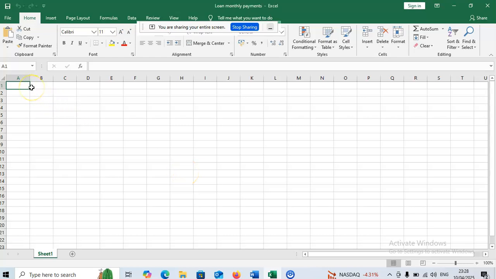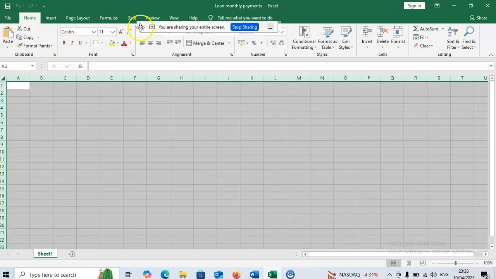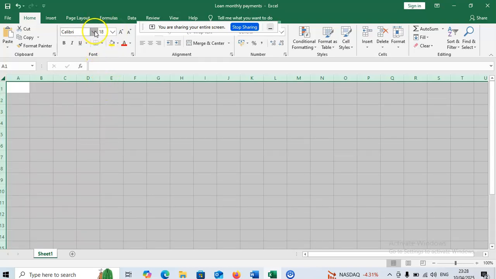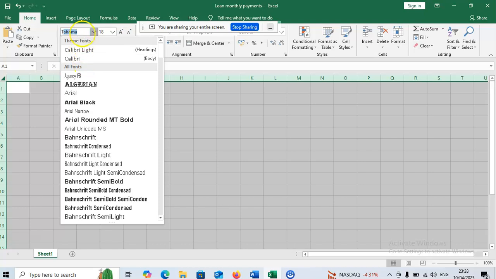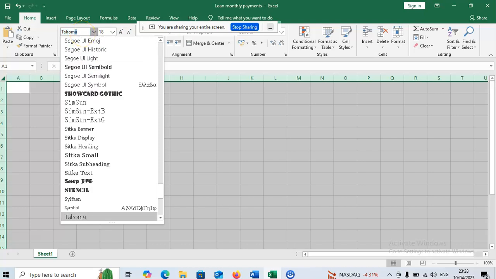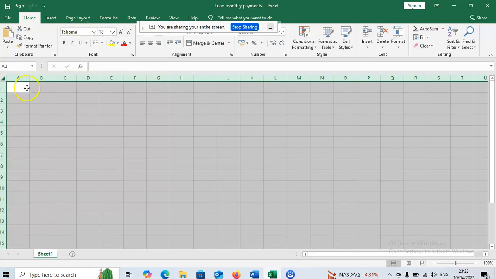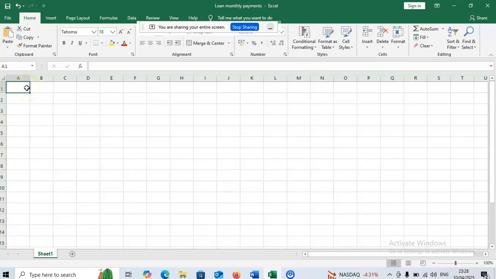Okay, so there are certain things that you have to do first when you're drafting this loan amortization schedule. You need to first list down the amount of the loan that you're going to repay. So you need to capture the loan amount.